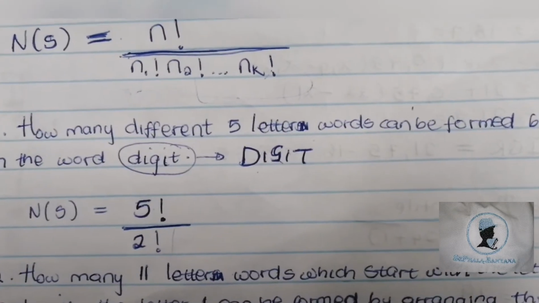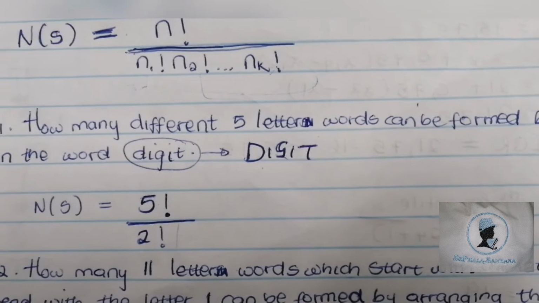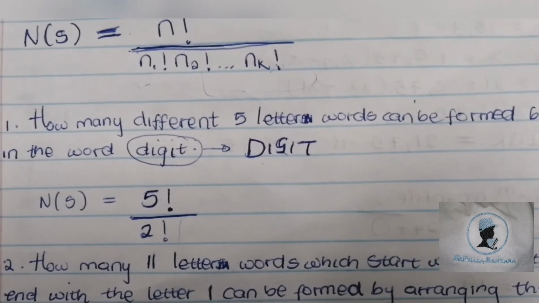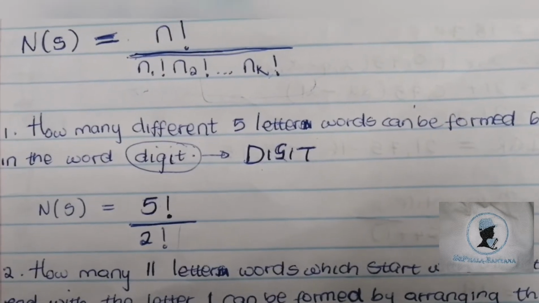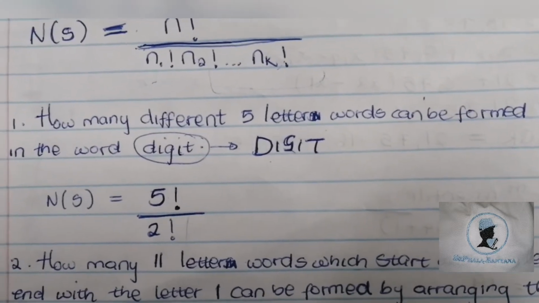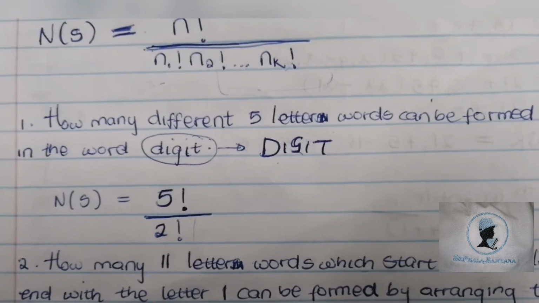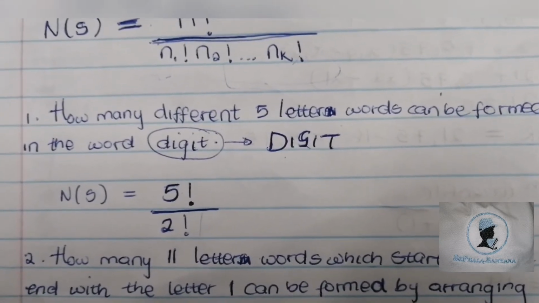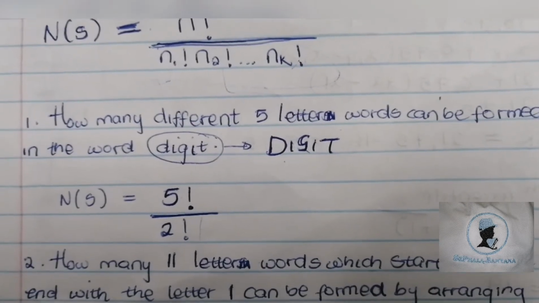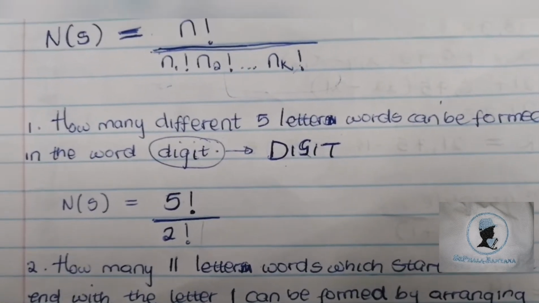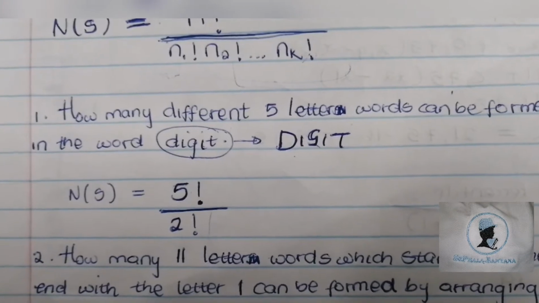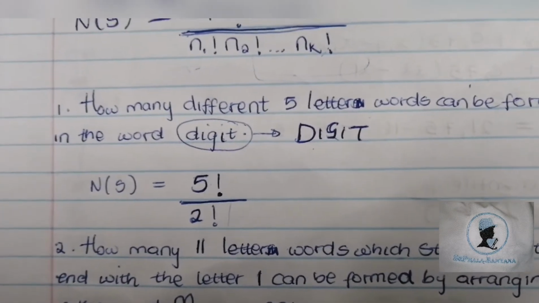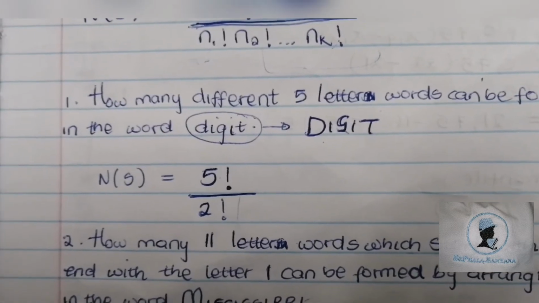example. It says: how many different 5-letter words can be formed by the letters in the word digit? You can see that we have 5 letters, that is our n. And we have one subgroup, the I's, which are identical.